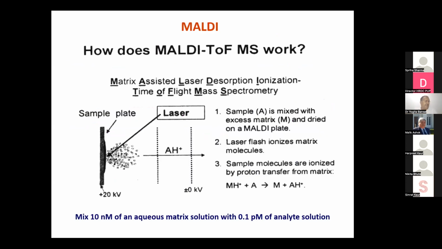The last technique is MALDI, matrix assisted laser desorption ionization. Here is what we do in matrix assisted laser desorption. The sample is mixed with the matrix, similar to what we did in fast atom bombardment, but other matrices can also be used. These matrices need to have sufficient vapor pressure so that they are deposited as a film on a plate.